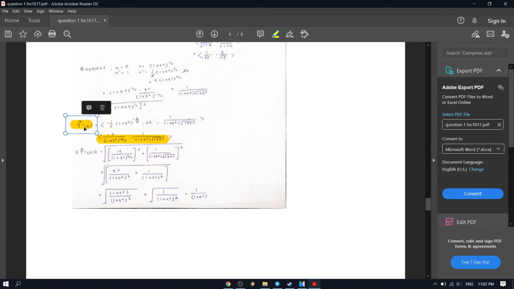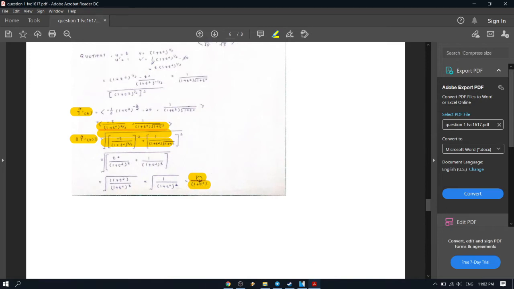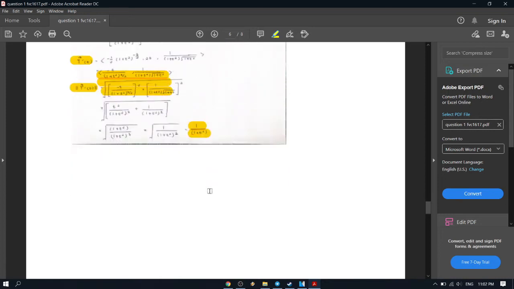And from the first derivative of T, we can find its magnitude using this formula here, right? And then we can find the magnitude, which is 1 over 1 plus t square, right?